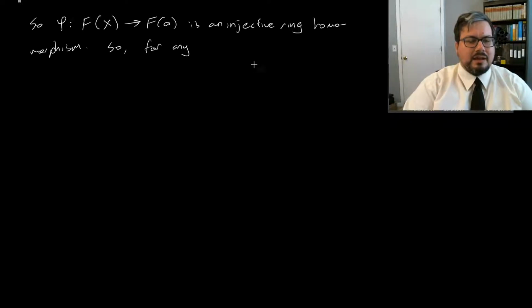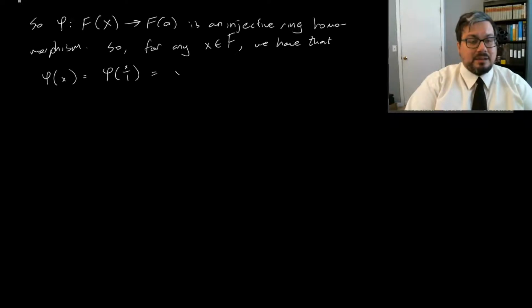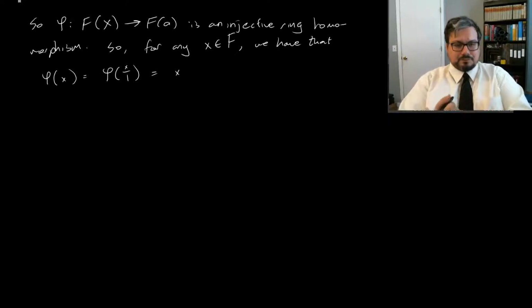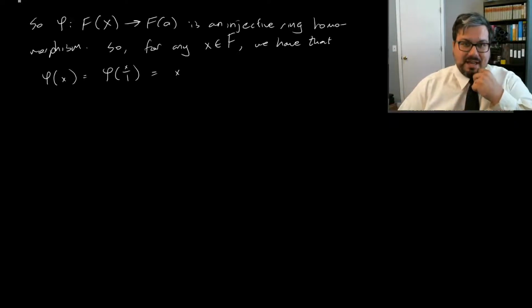For any little x inside F, we have that phi of little x, which is the same as phi of little x over 1, is equal to just little x, because this little x is not the capital X that we're using as our indeterminate.